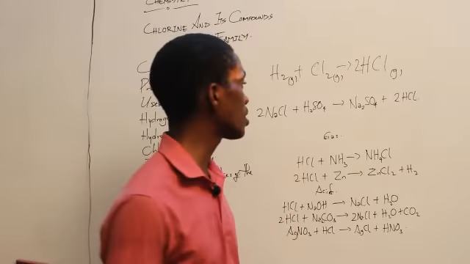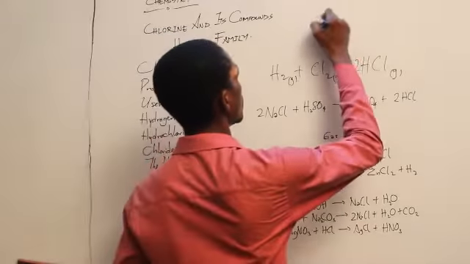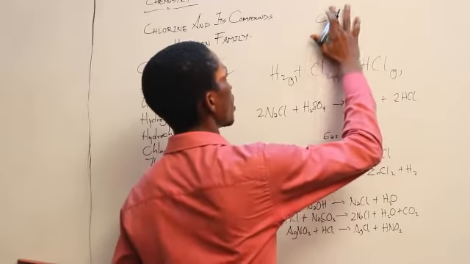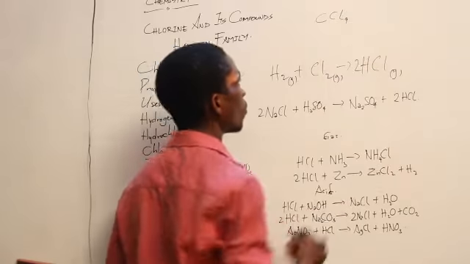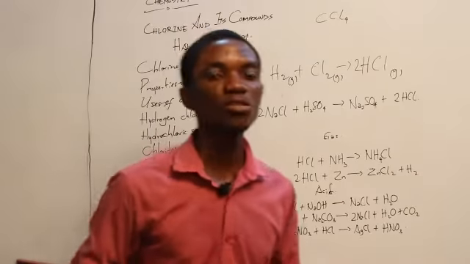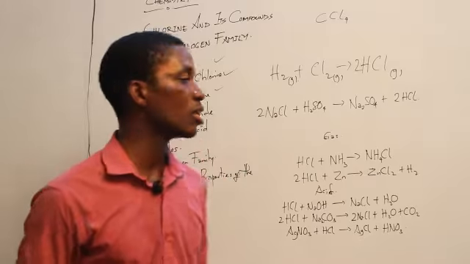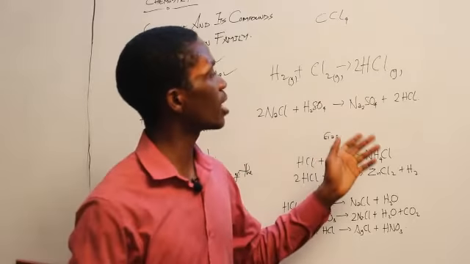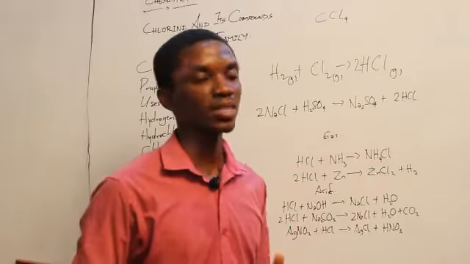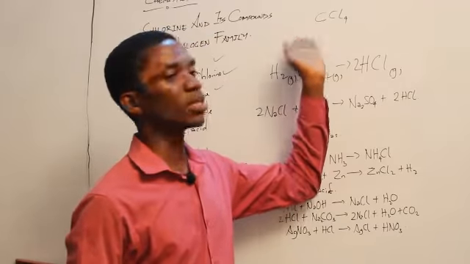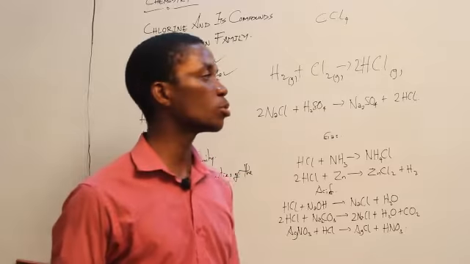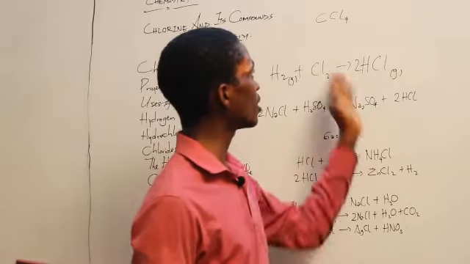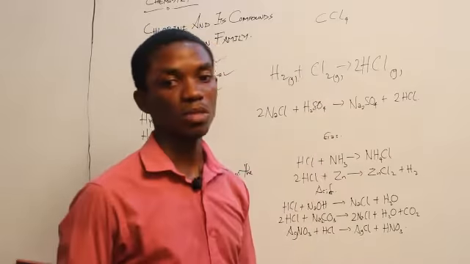When we talk about chloromethane, instead of having H, it will be CCl4, where chlorine is actually replacing the hydrogen. So we use the hydrogen chloride gas. The reaction involves the hydrogen chloride gas reacting with methane to liberate hydrogen at each point in time, and at the end of the day we have the chloromethane.